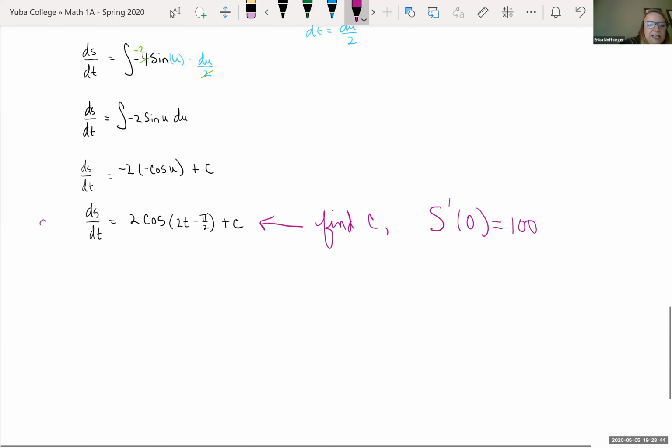Right now we have s prime of t, so when I plug in 0 for t, s prime is 100.